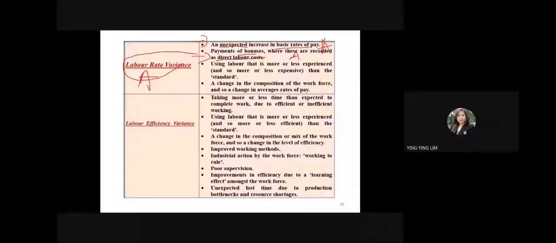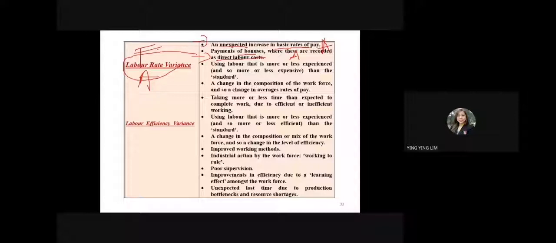Therefore it resulted in an adverse labor rate variance. Or if I hire a less experienced or less skilled worker, it will be a cheaper rate, so the labor rate variance that I get will be favorable.